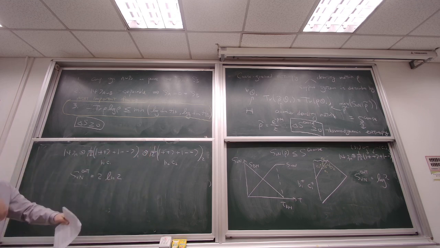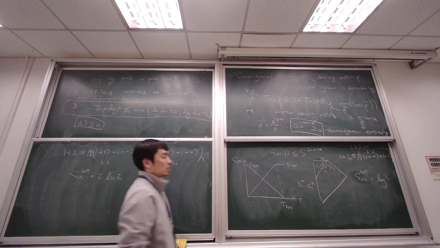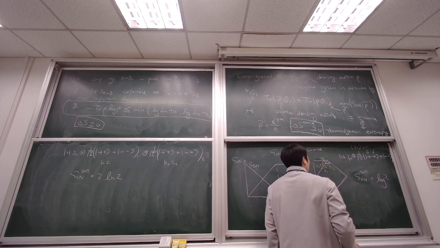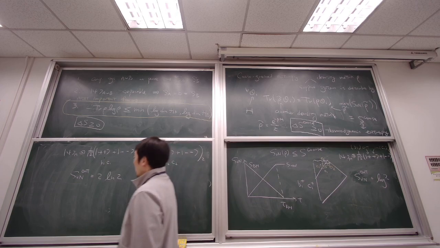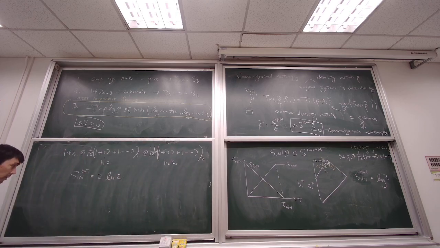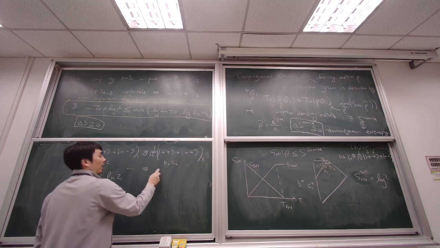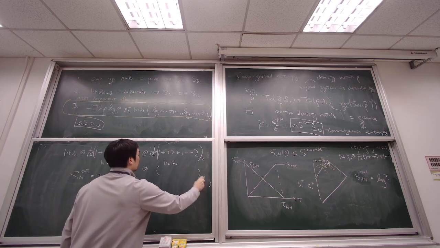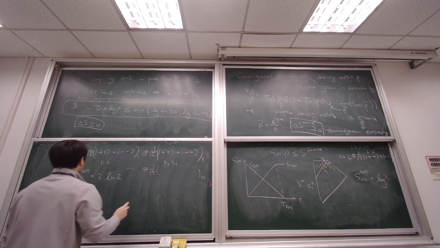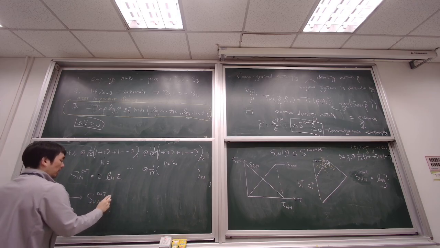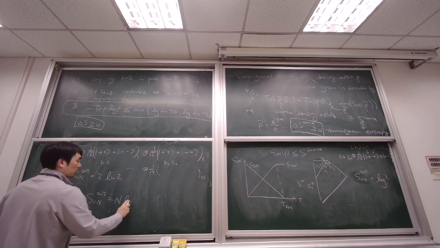And then as time goes by, lots of particles are created. So as time goes by, it is created n times, n copies of one over square root 2. Then the fundamental entropy outside is n times log 2.